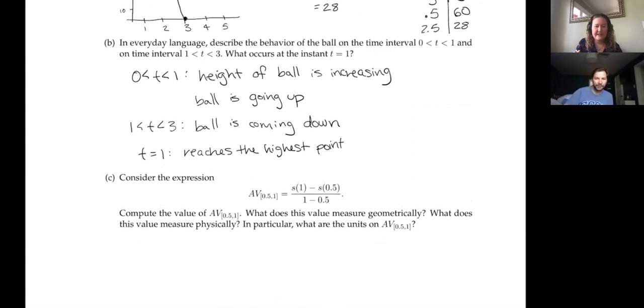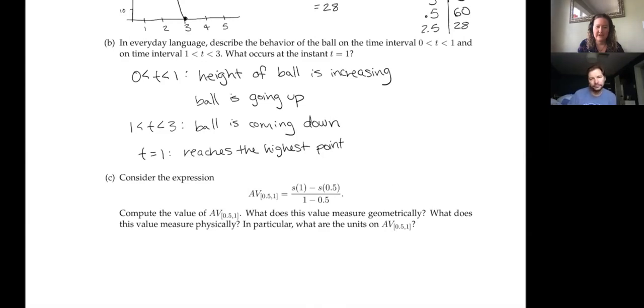Okay, so now we can consider this expression, which represents average velocity, and we can think about it on this time interval from 0.5 to 1. So Eric, do you think that the average velocity is going to be positive, negative, 0, just as a guess? Say positive, because we just said it was going up between 0.5 and 1, or between 0 and 1.